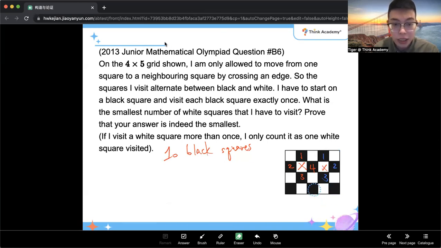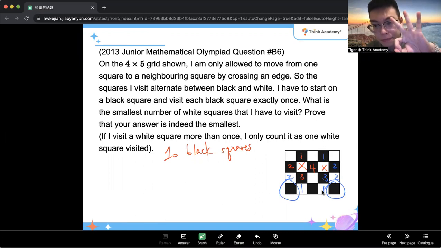So why does it not work in this case? Well, yes. The reason is because these corner ones are attached to 2 white squares only. And these 2 white squares can only reach out to 3 new black squares.